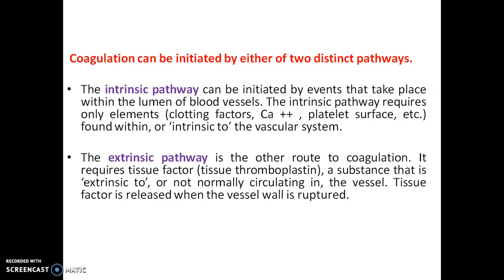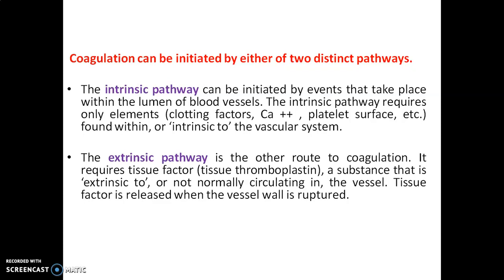The intrinsic pathway can be initiated by events that take place within the lumen of blood vessels. The intrinsic pathway requires only elements such as clotting factors, calcium, platelet surface, etc. found within or intrinsic to the vascular system.